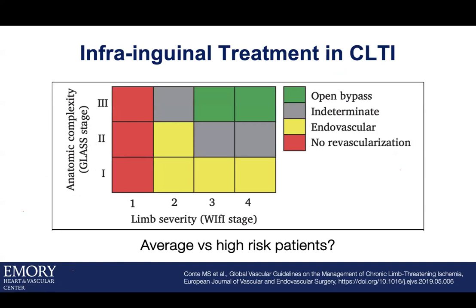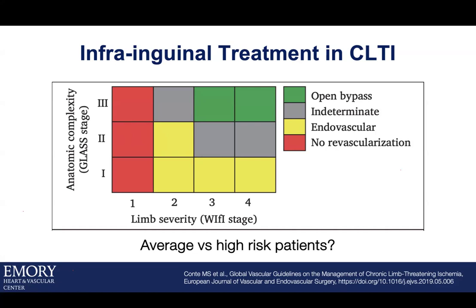this table provides a summary of preferred infrainguinal revascularization strategies for a patient who is average risk and has available vein graft conduit. And based on the WIfI stage and based on the GLASS stage, you can decide what approach to do.